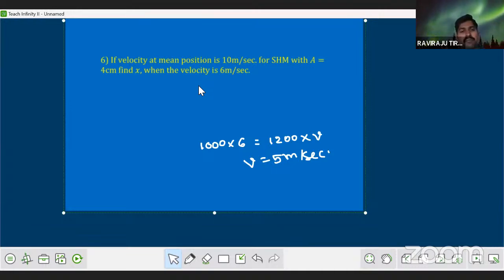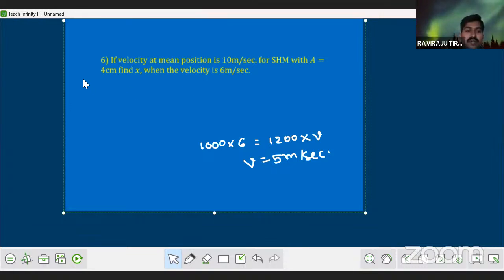What can you understand from the first sentence given? From the first one, x equals 0, mean position means x equals 0. Then what can you understand from the 10 centimeter per second? That is the maximum velocity. At mean position, that is maximum velocity.